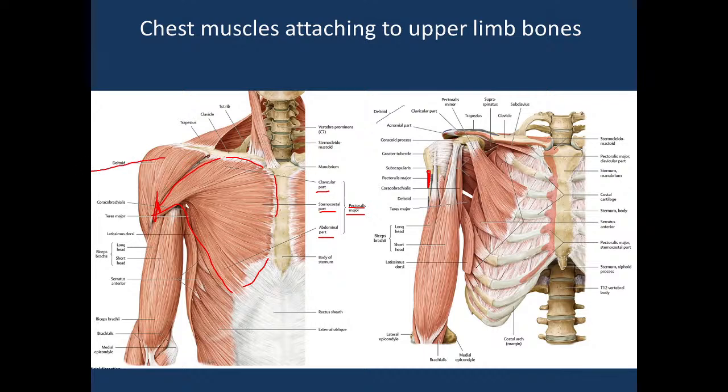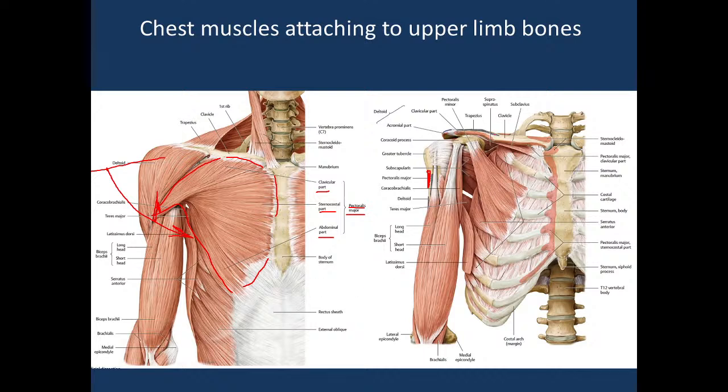When the upper limb is in abduction position, this is moving to the trunk, and this function is called adduction.